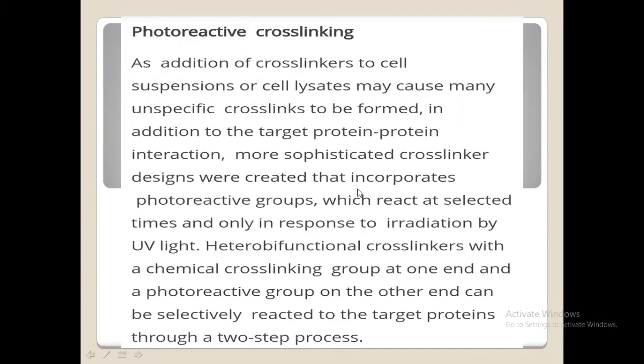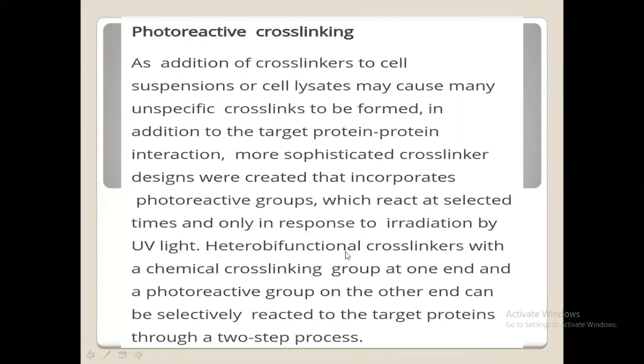They are created to incorporate photoreactive groups, that is, activated by UV light. We have seen this in the label transfer method. So these photoreactive groups are used here. This is called the photoreactive cross-linking method. These photoreactive groups react at selected times and only in response to irradiation by UV light.